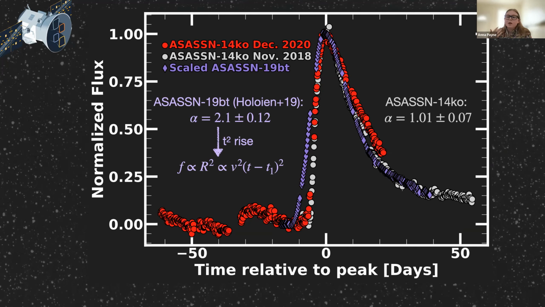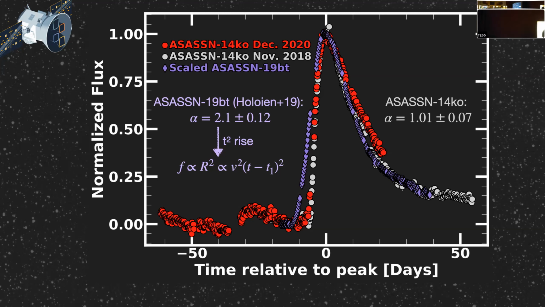So what's really important and what we can do with TESS is to measure the early time rise for TDEs. And this is something that's really hard to do because TDEs have to be discovered very soon, and then you have to be very quick with triggering follow-up observations.